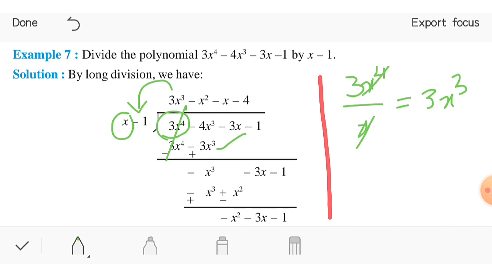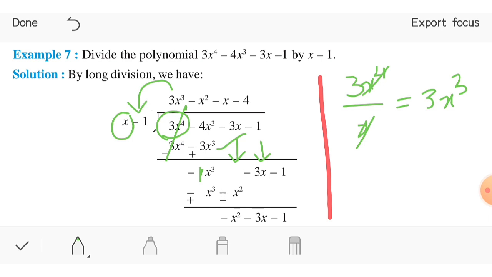Now minus 4x cube plus 3x cube will give the result minus x cube. Taking down this minus 3x, we get minus x cube minus 3x, and this minus 1 is also taken down. So the total polynomial will be minus x cube minus 3x minus 1.